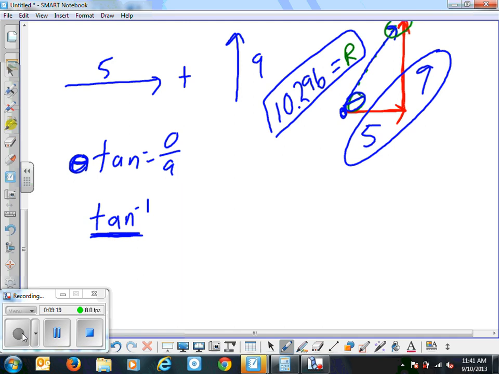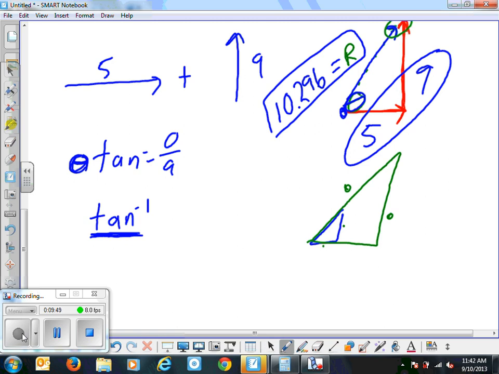it's really telling your calculator to look through a big table of relationships. And the relationships are the ratio of the sides. And if it knows the ratio of the sides that you're talking about, then it'll tell you what angle is associated with that. So like if I have, you know, an angle like this, or a triangle like that, I'm going to have a ratio of this side to this side. Just as if I have a triangle like this, it's going to be the same ratio of that side to this side.